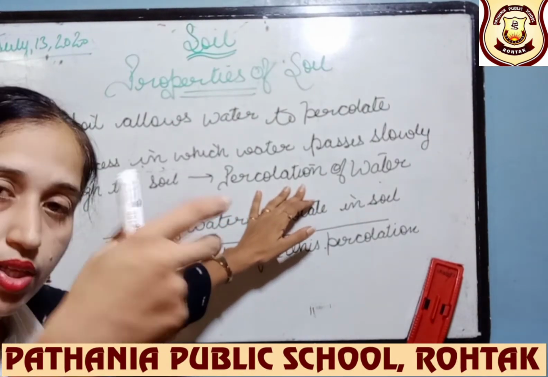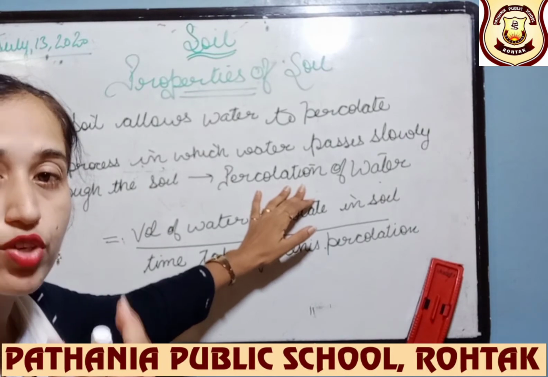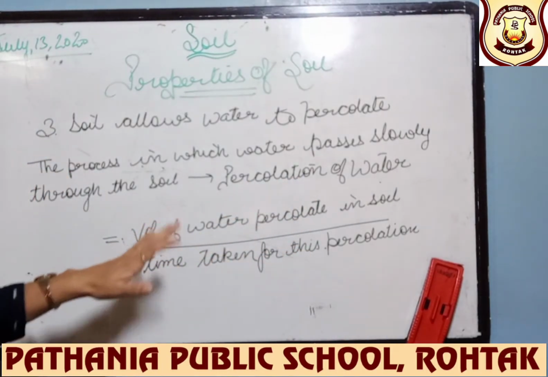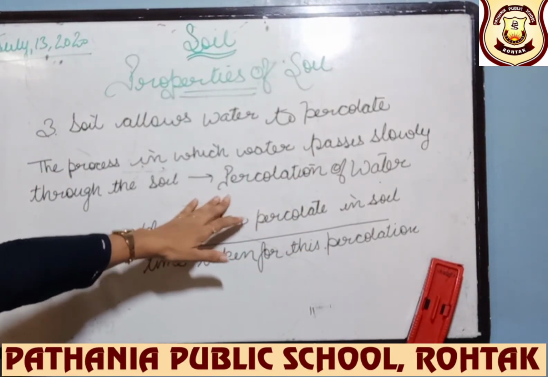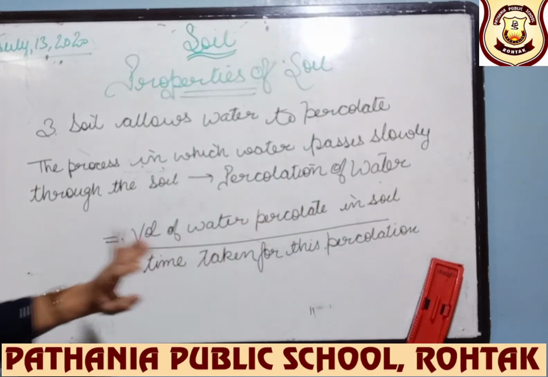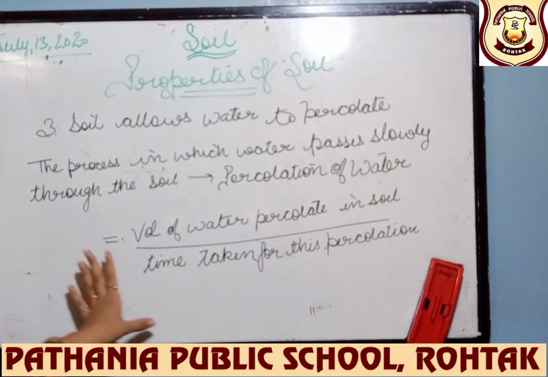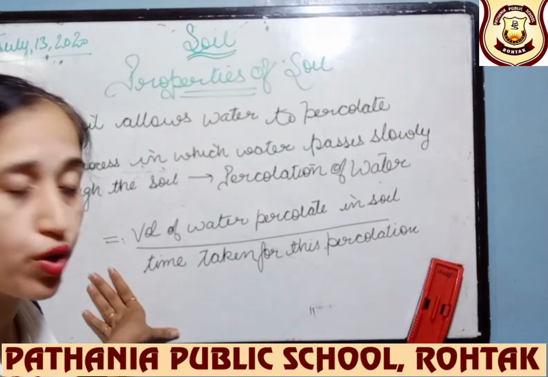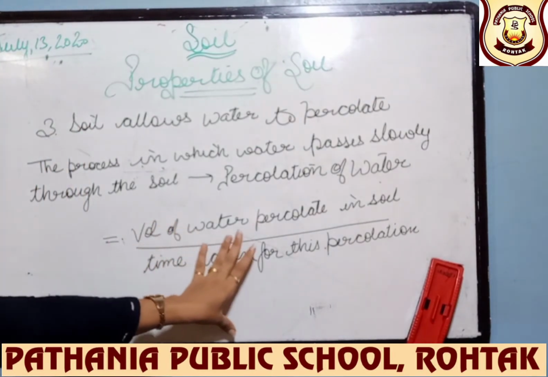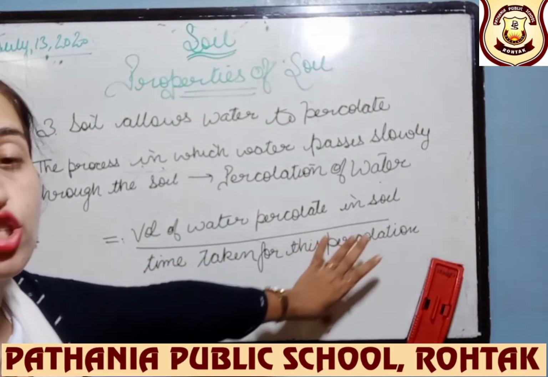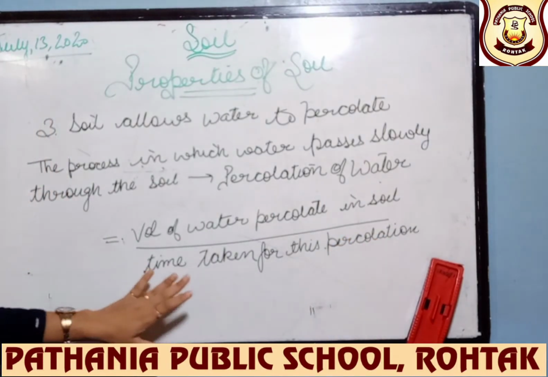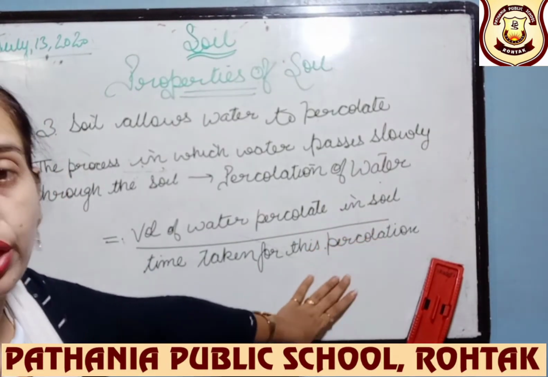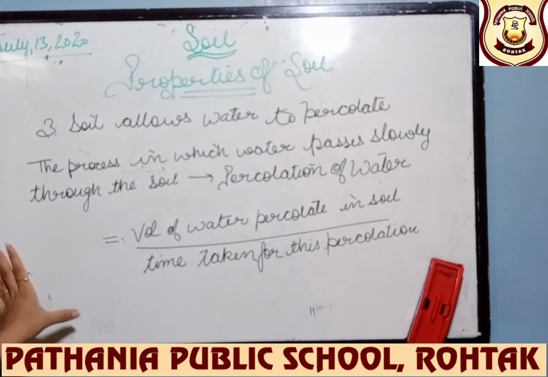Some was absorbed and some passes into the soil, and that is called percolation of water. What will be the formula if we have to calculate the percolation of water? That is the volume of water percolated in the soil divided by the time taken for this percolation. So we can measure the amount also.